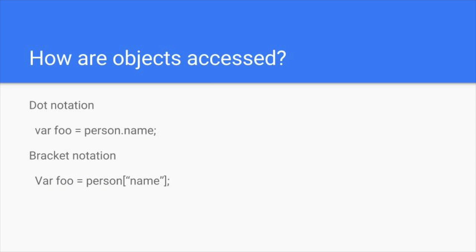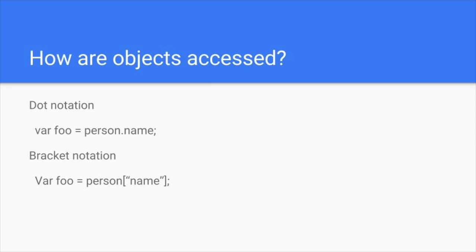We access these objects using dot notation and bracket notation. Dot notation is the more common of the two. We access an object's data by using the object's name followed by a period followed by the property name. In bracket notation, the object name is followed directly by square brackets.